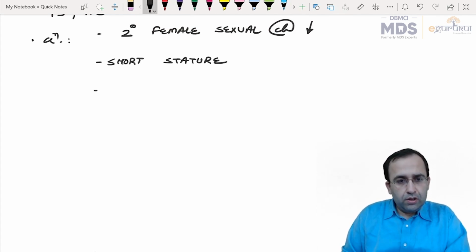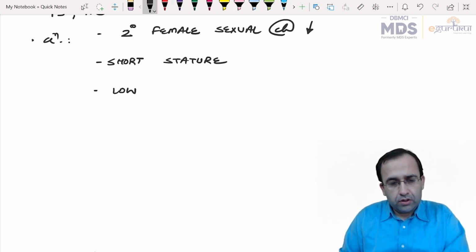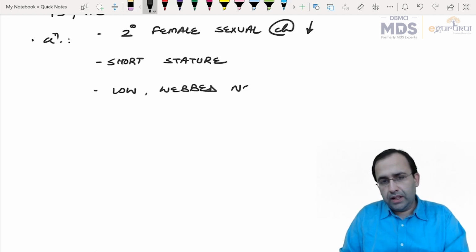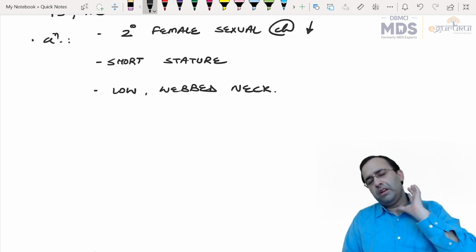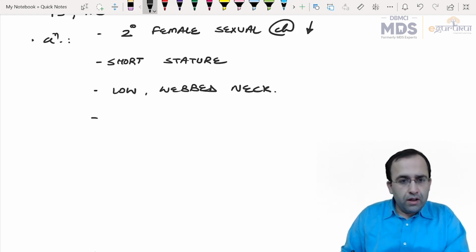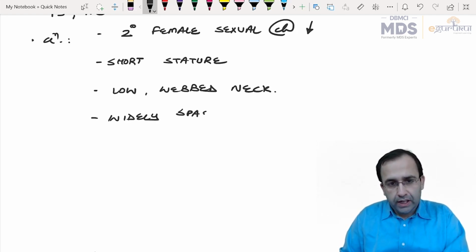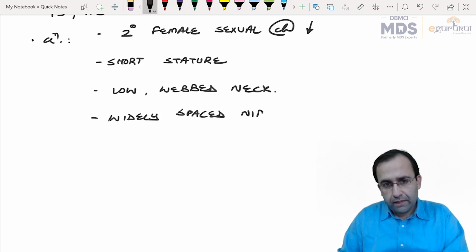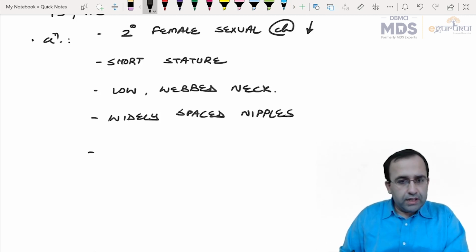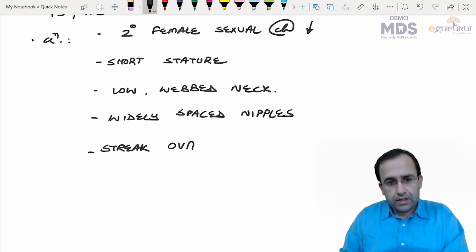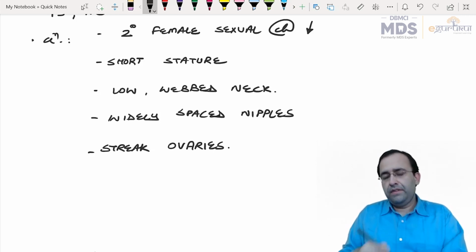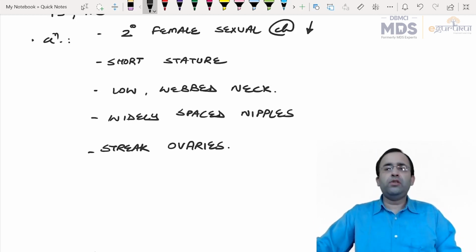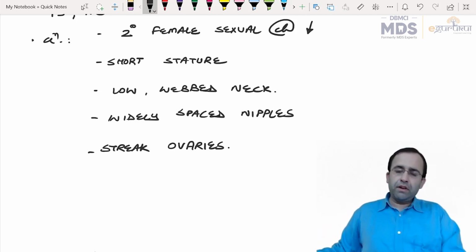Next, a short, low webbed neck, that is the length of the neck is less and it is thick. Low webbed neck, widely spaced nipples, streak ovaries. Streak ovaries means there is fibrosis occurring in the ovary. Why is fibrosis occurring?